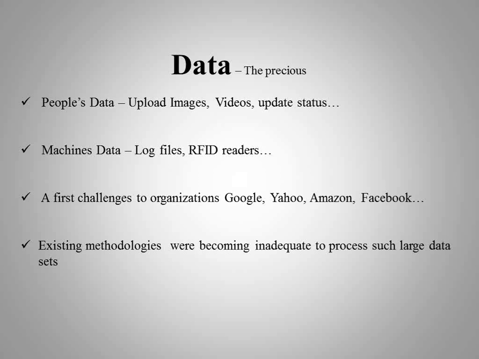We upload images, likes, comments, shares, tags, applications, ads, tweets, whatnot, and all of it generates data. And machines also generate data, like RFID readers, sensors, GPS traces, satellite communications, and log files. These all come under machines' data.